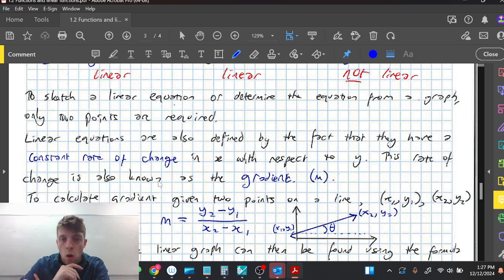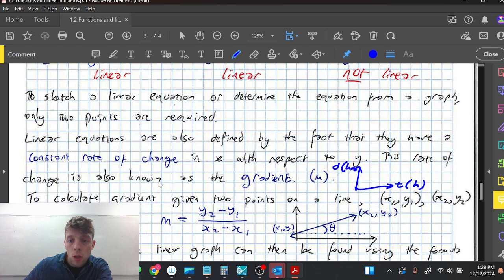All right, a linear equation is also defined by the fact that they have a constant rate of change in y with respect to x, and this rate of change is called the gradient. So let's say, for example, you're driving along a freeway, and you're driving at a constant speed. So in the first hour, you're going to travel 100 kilometers. So let's say this is time in hours, and then this is distance in kilometers.